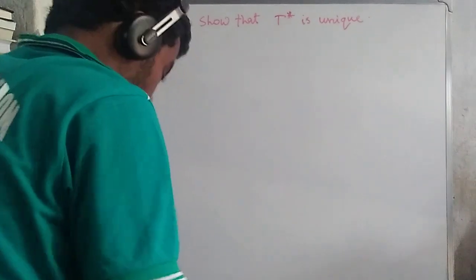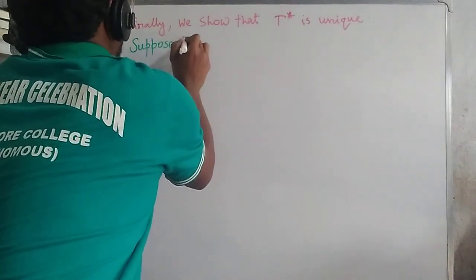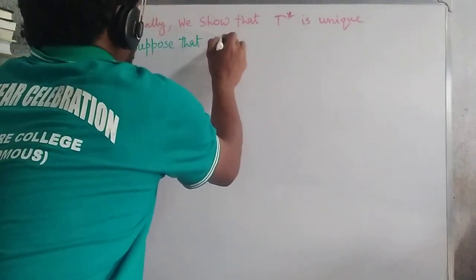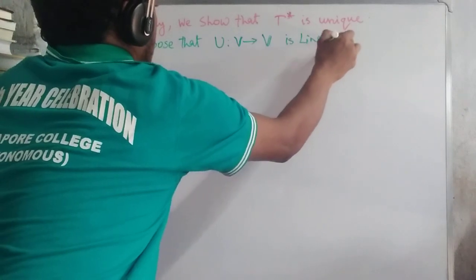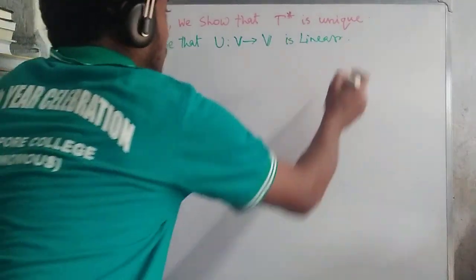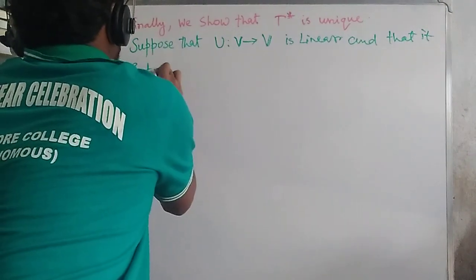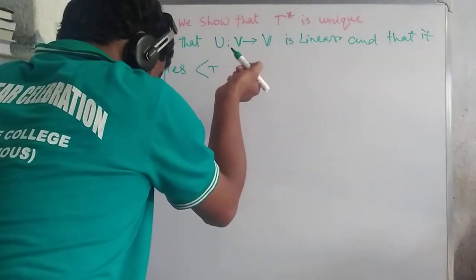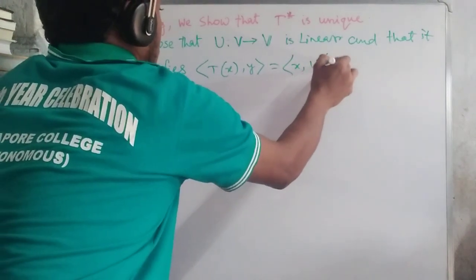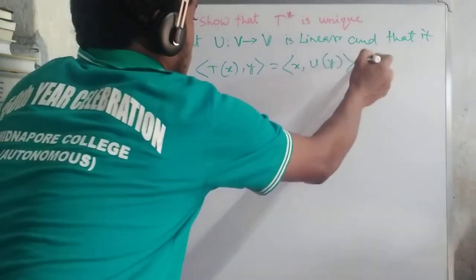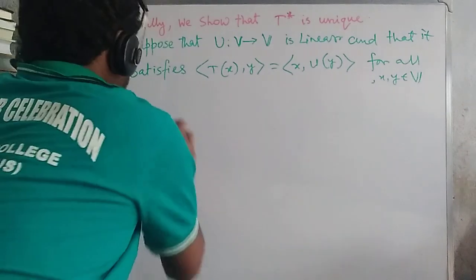Now suppose that U: V to V is linear, and that it satisfies ⟨T(x), y⟩ = ⟨x, U(y)⟩ for all x, y belongs to V. Understood?